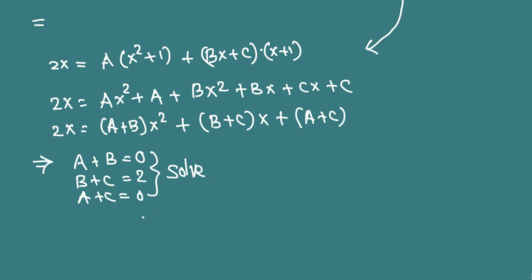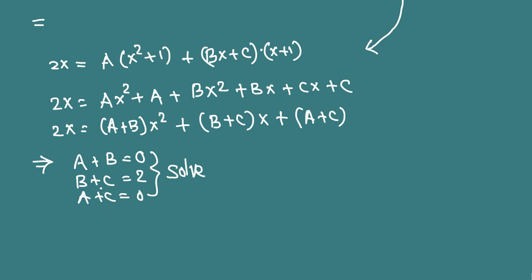Solving, we get, let's see, a plus b equals 0 means a is the same as negative b, and here a plus c equals 0, that means a equals negative c. So we need to play with these equations to determine a, b and c.